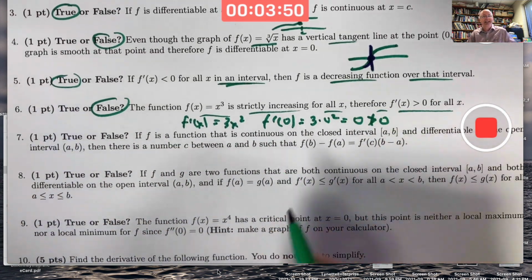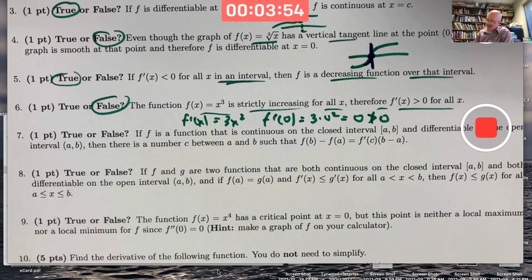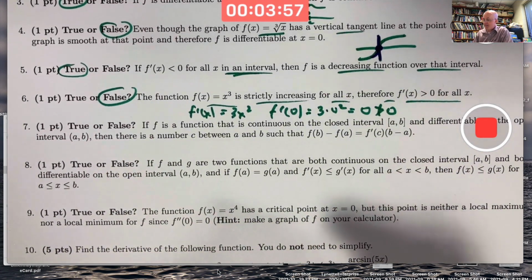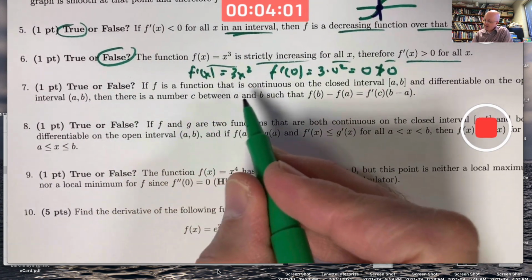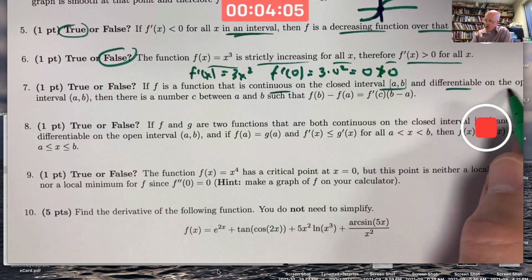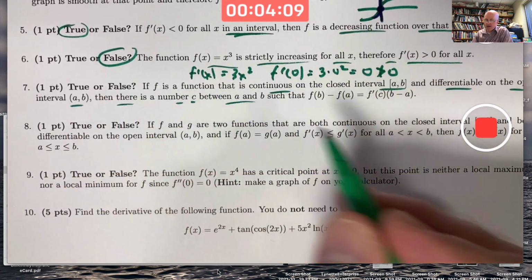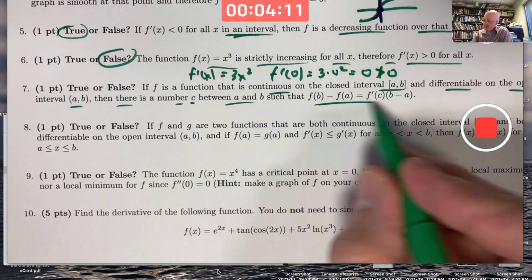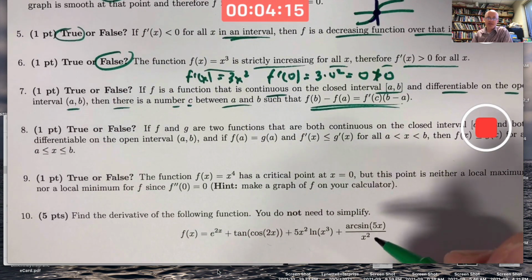So just because something sounds reasonable doesn't mean it's true, and that's a big theme that this exam tests to some degree. Number 7. If a function is continuous on a closed interval from a to b and differentiable on the open interval from a to b, then there's a number c between a and b so that f of b minus f of a equals f prime of c times (b minus a).